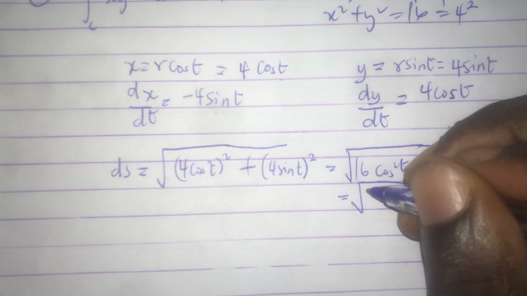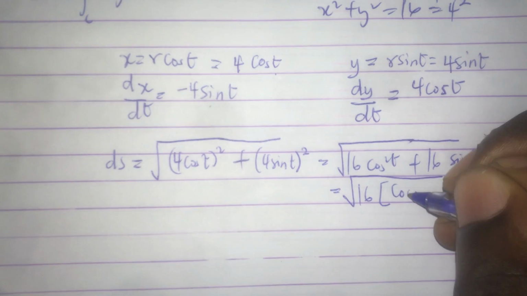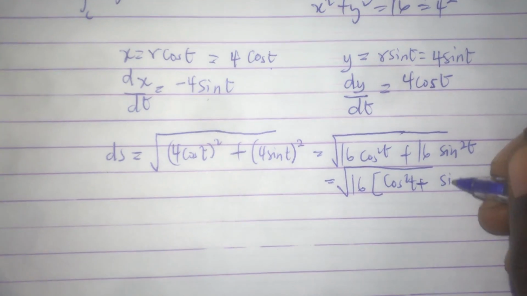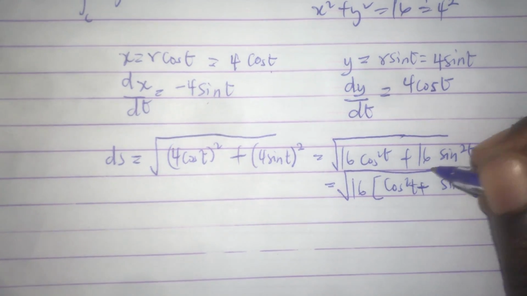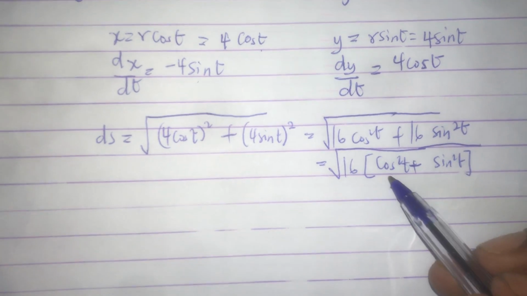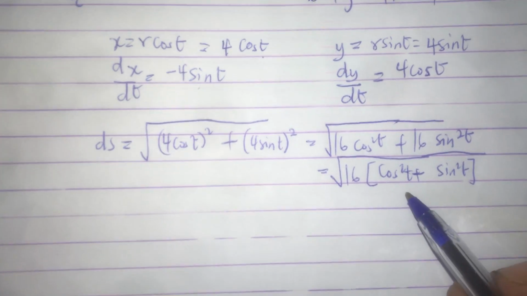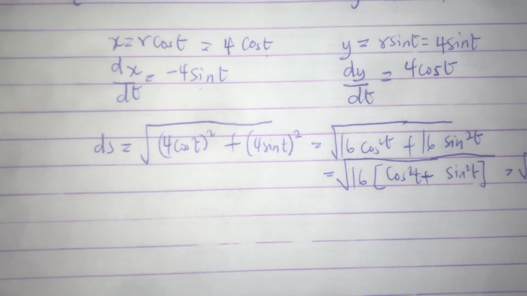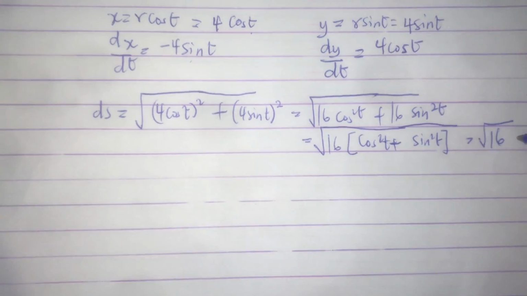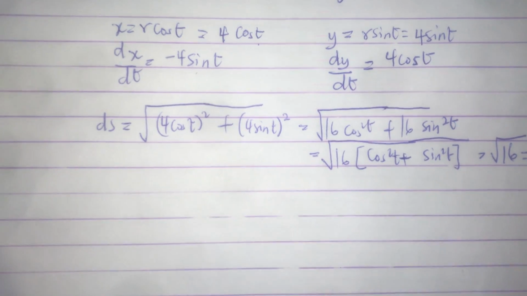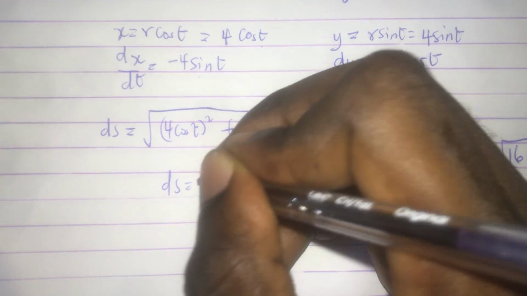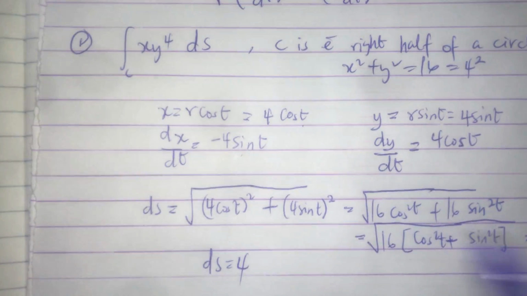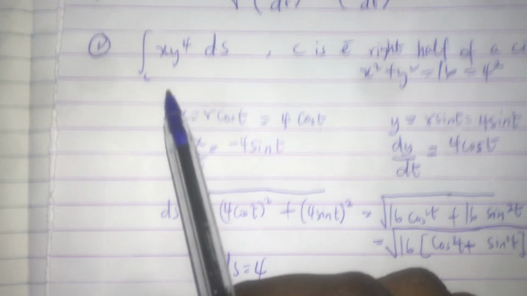So you can have 16 times cos squared t plus sin squared t. Now we know that this is a trig identity. So cos squared t plus sin squared t will give us 1. So you end up getting root of 16, which is equal to 4. So we have ds to be equal to 4. Now we move to the line integral formula. Now we know our ds.